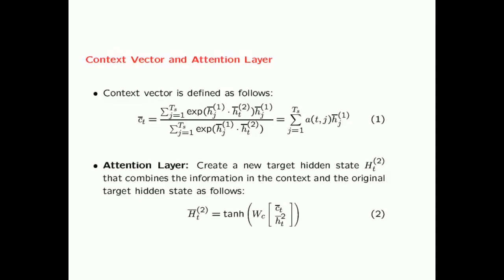Now that creates a context. That context is essentially a weighted representation of your source vectors. Note that in your vanilla model, you only use the fixed length representation at the end of the sentence.